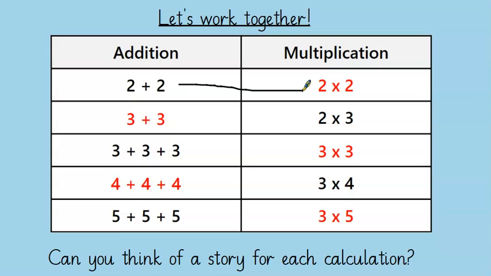So I have 2 bags of sweeties, and there are 2 sweeties in each bag. 2 add 2, or 2 times 2. 2 times. What's your story for the next one? 3 and 3. What have you got 3 of?